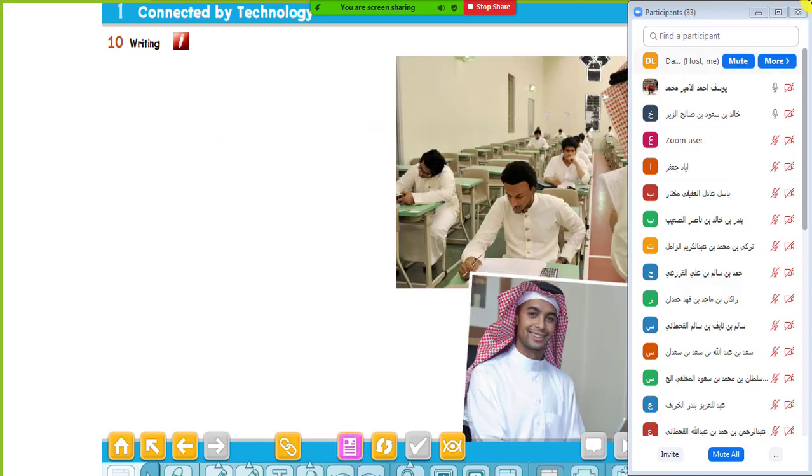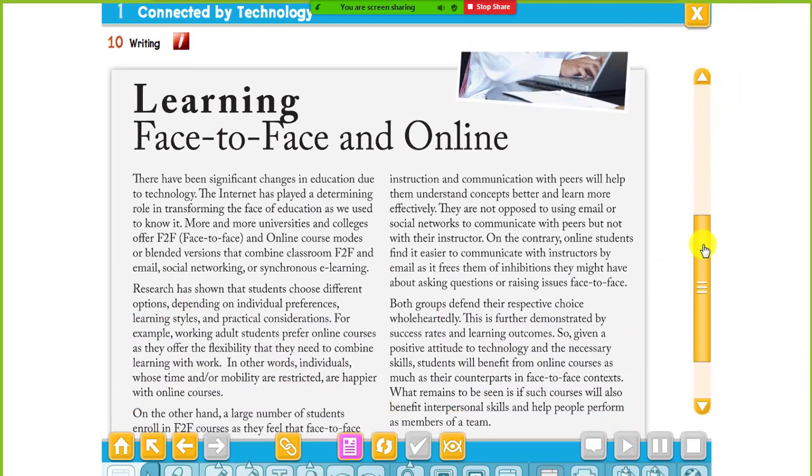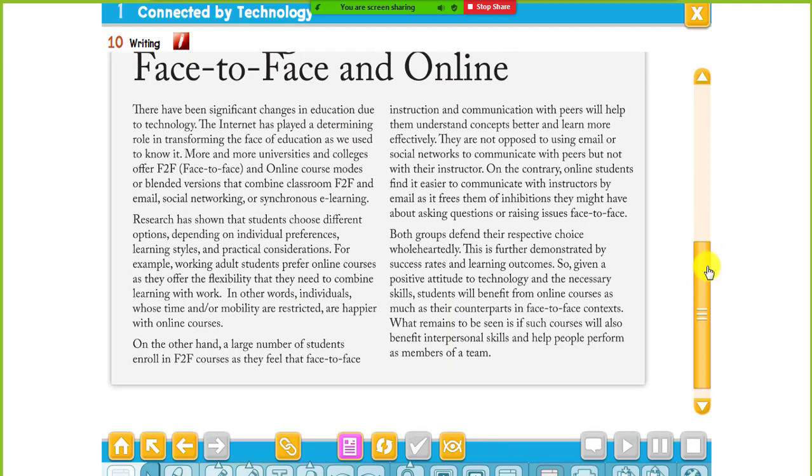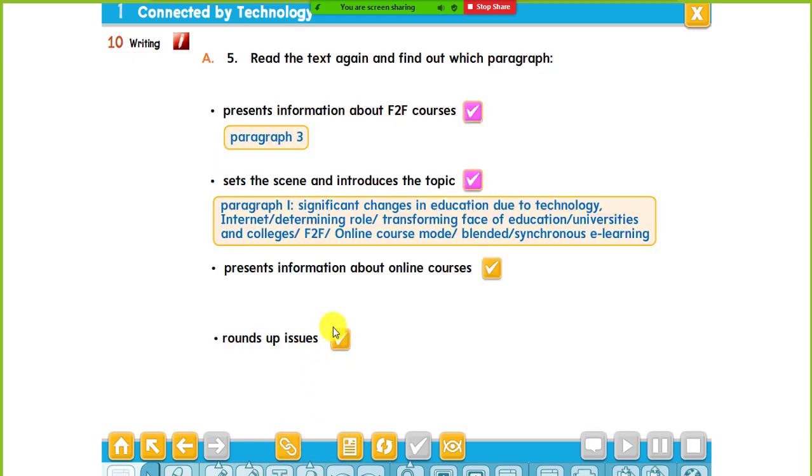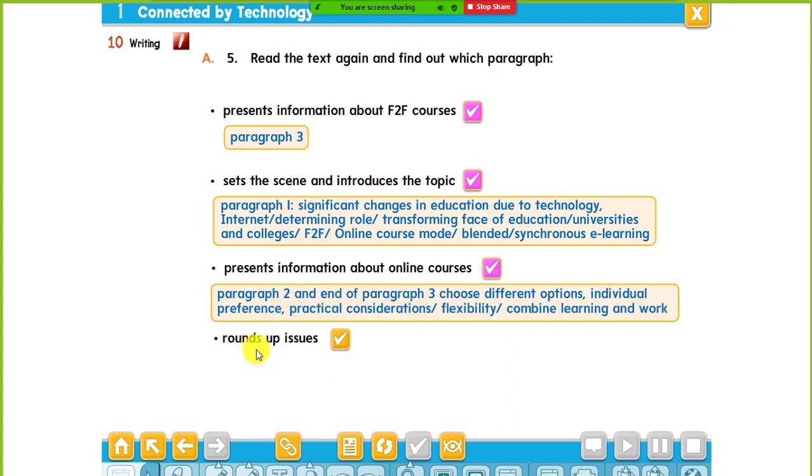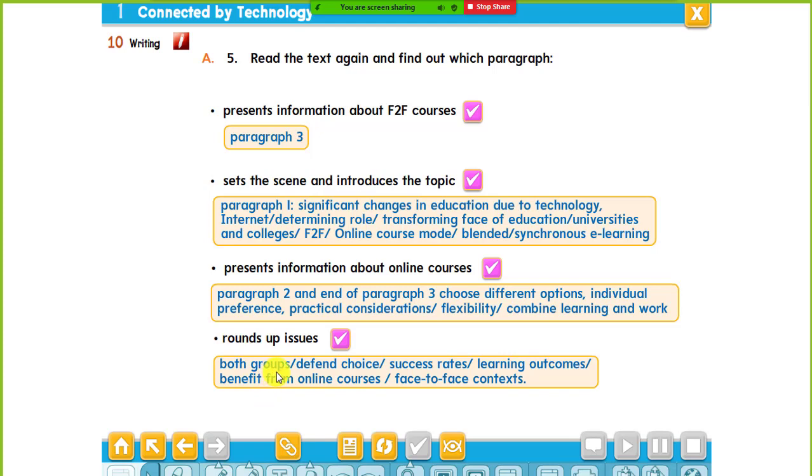Surely, the one that presents online courses, we said that is the introduction, and number 3 we said is face to face, so it is number 2 of course. Okay, so it's number 2. And rounds up issues, which summarizes the whole topic or issue: surely number 4, paragraph 4, both groups find choice success rates learning benefits from online courses. Don't write all this, just write 4.